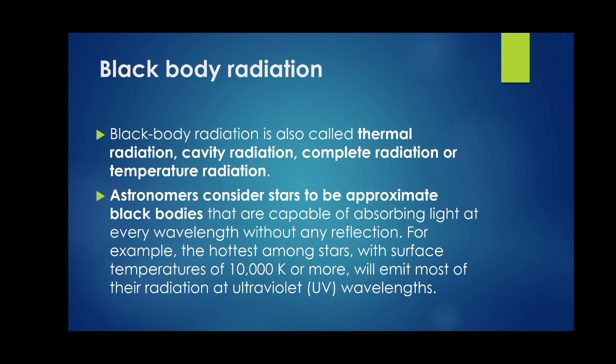For example, the hottest among stars, with surface temperatures of 10,000 Kelvin or more, will emit most of their radiation at ultraviolet wavelengths. It is an amazing fact that the hottest of all the stars will emit most of their radiation at ultraviolet wavelengths.